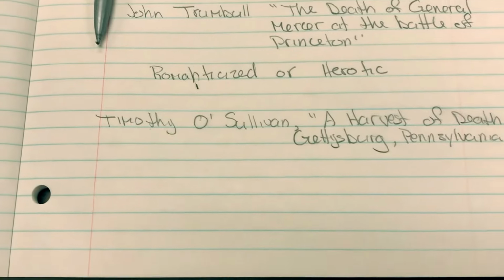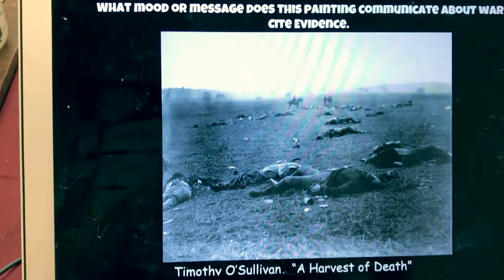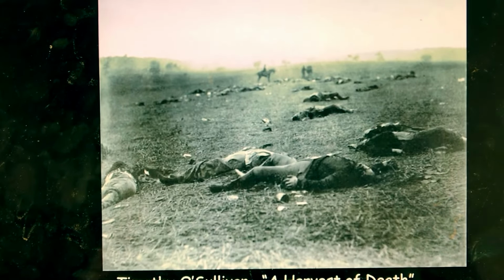Now, let's move towards Timothy O'Sullivan's A Harvest of Death. This was taken during the Civil War in Gettysburg, Pennsylvania, which is about 45 minutes from where I grew up. Fun fact. And it's much different. This picture was taken right around the time when photography was becoming more available or more used, not like it is today.